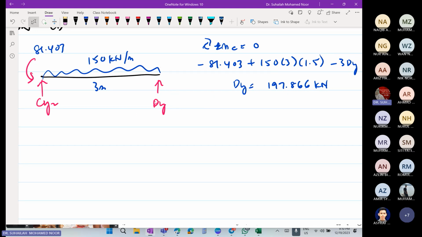So for CY2, it is actually 150 times 3, which is 450, minus 197.866. We get 252.134.